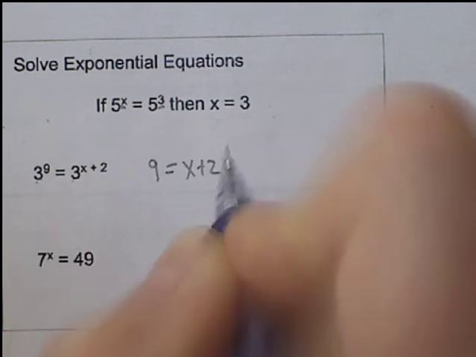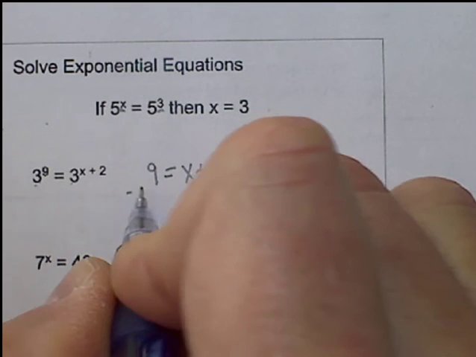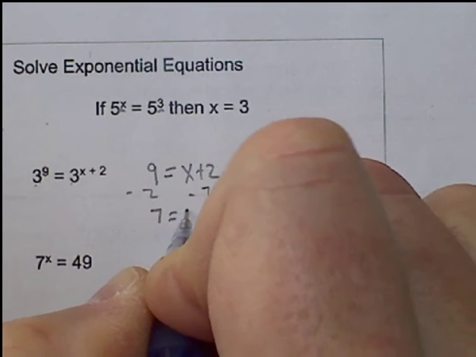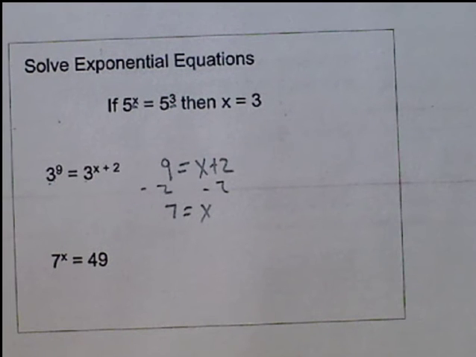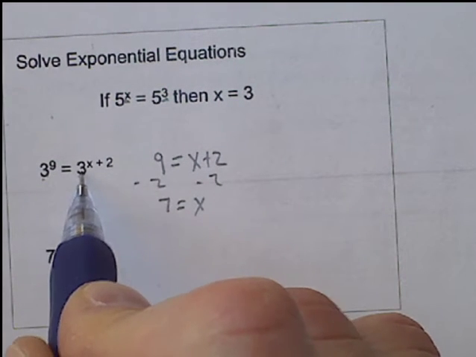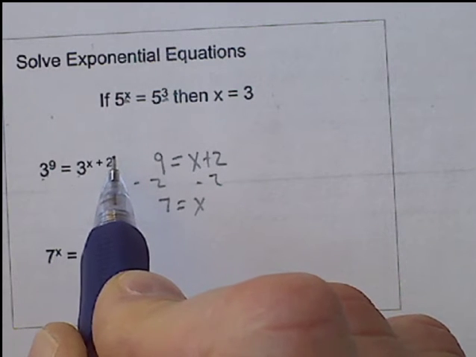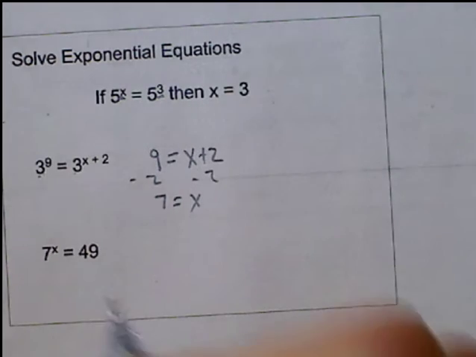Does that make sense? Okay, subtract 2, 7 equals x. So 3 to the 9th is the same thing as 3 to the 7 plus 2. Does that make sense? All right, I keep asking that. I'm nervous that it won't make sense.